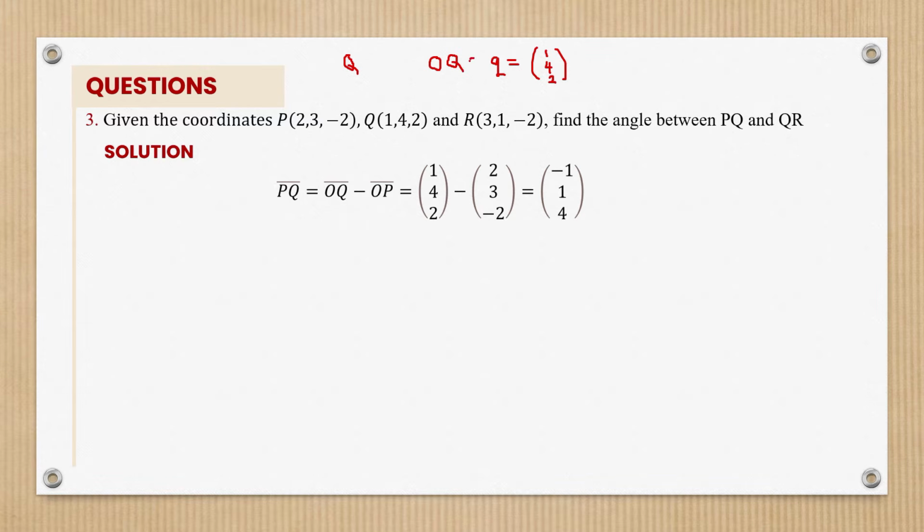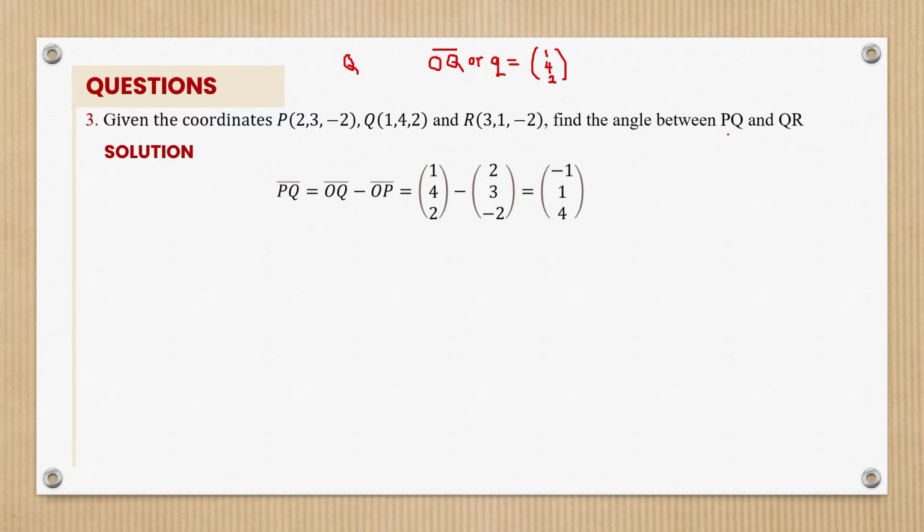That means, let me write this as O. It means that OQ or small q shall be equal to (1, 4, 2). And it's actually the same for this also. So since P is (2, 3, -2), it also means that OP is (2, 3, -2). And also small p shall be equal to the same column vector (2, 3, -2). So that also means that for capital R, if the coordinates are (3, 1, -2), small r is equal to (3, 1, -2), and that's also the same value for OR. Okay, so just take note of that.